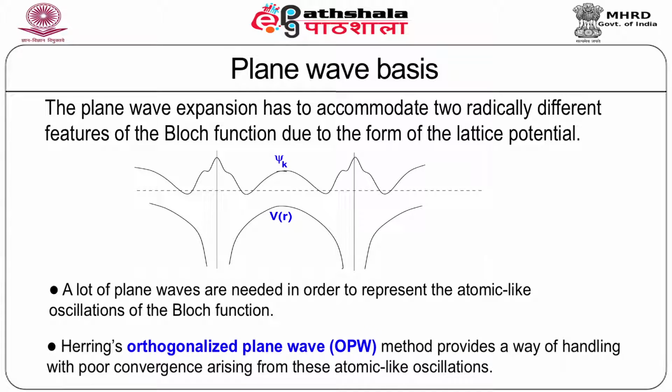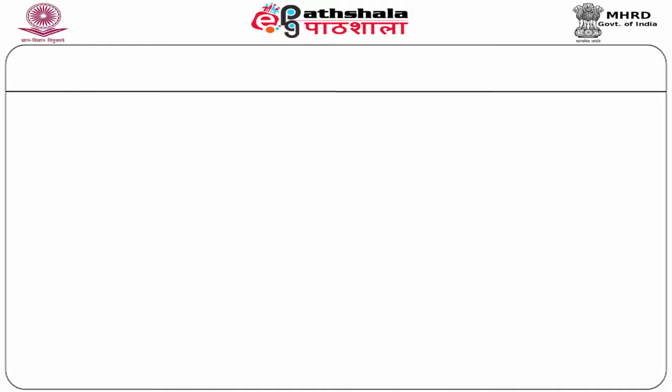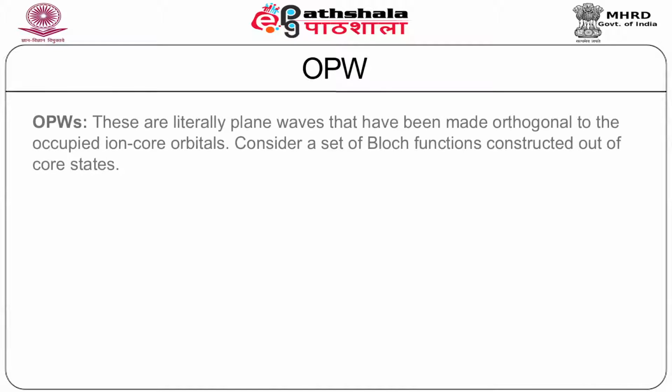The orthogonalized plane wave concept, or the method given by Herring, provides a way of handling the poor convergence of this plane wave expansion arising from these atomic-like oscillations. With this, we now start discussing the orthogonalized plane waves.